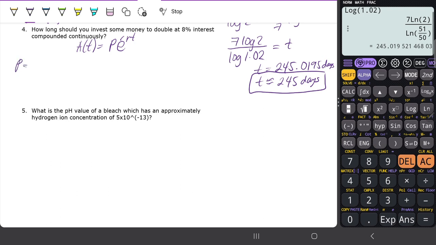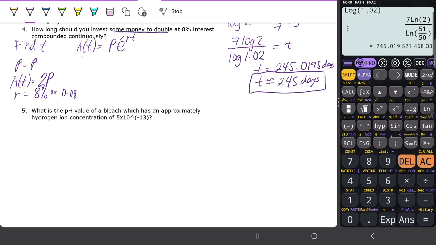Walang binanggit, so P is P. After some period of time, yung A of T or yung amount natin will double, so this becomes 2P. R, alam ba natin si R? Yes, that is 8% or 0.08. Ang hinahanap natin dito is again time T.